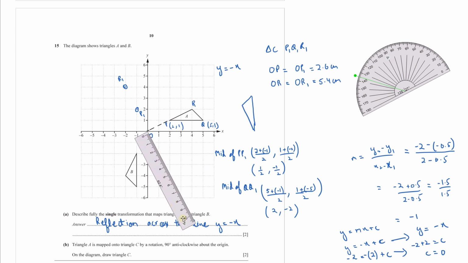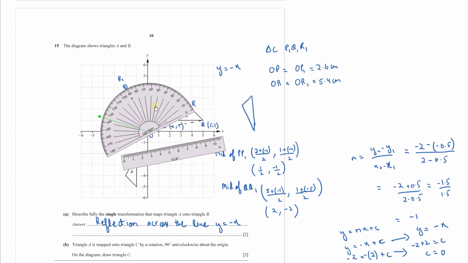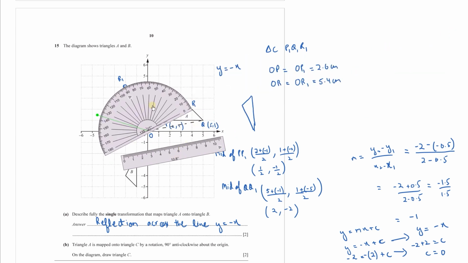And similarly, we can join this point Q to the origin here. So let me do this, and then let me join this point as well. This joins the point Q to my center of rotation. And then again, I have to rotate it 90 degrees. So let me place my protractor at the center here again.